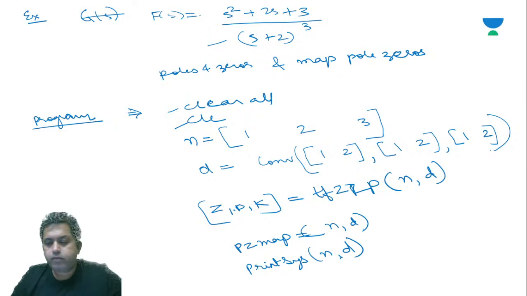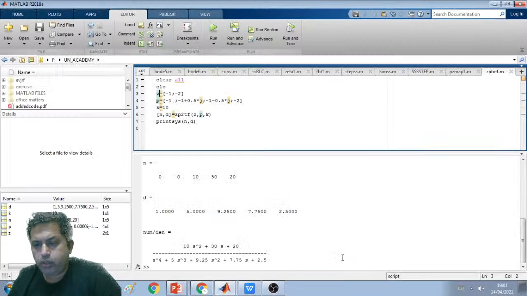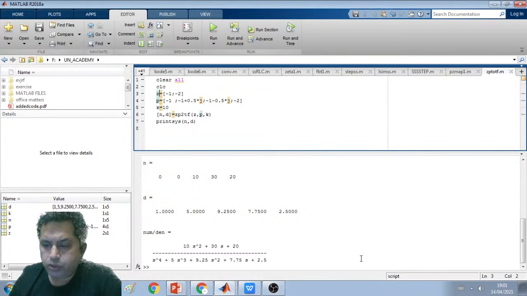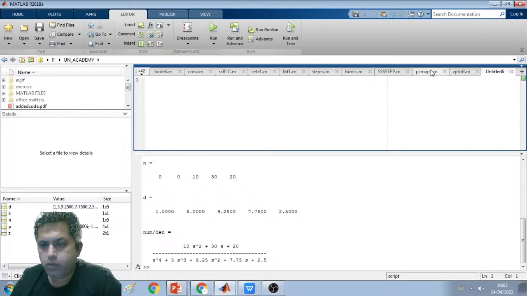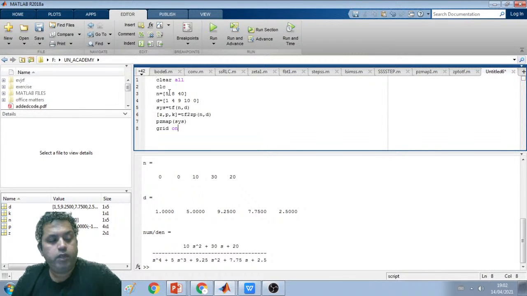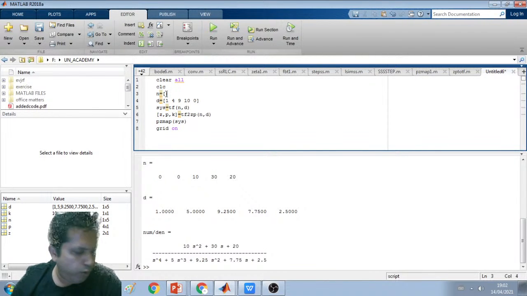Let us do it hands on this one. Clear all, CLC. Numerator polynomial is 1 2 3.